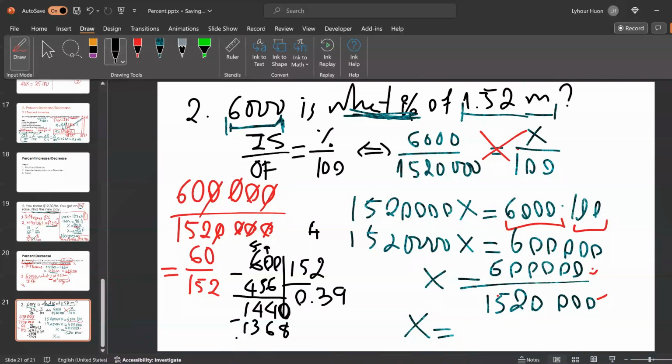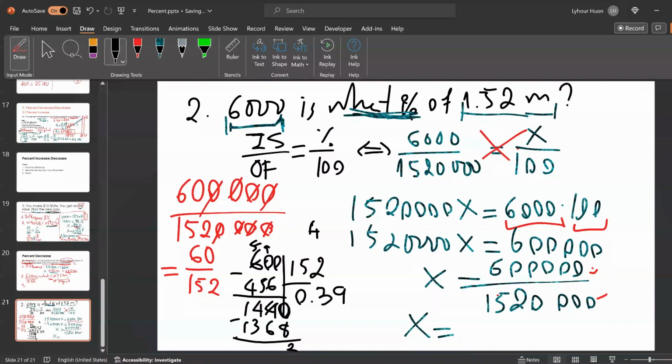Did you do the math or did I do the math? Okay, we did it together and we get the same result. And then we subtract and get 72.